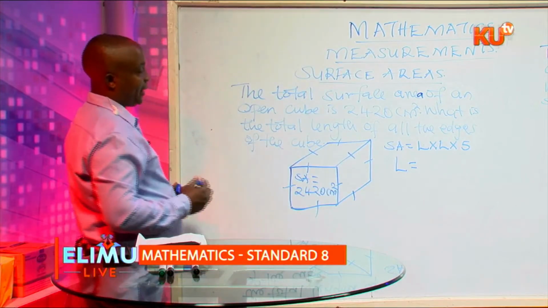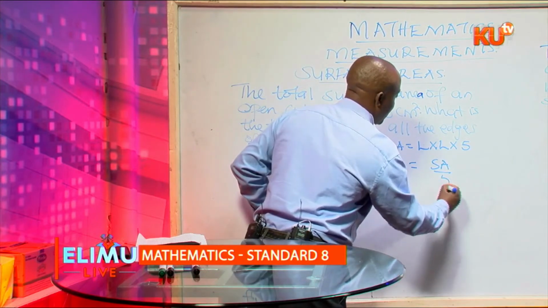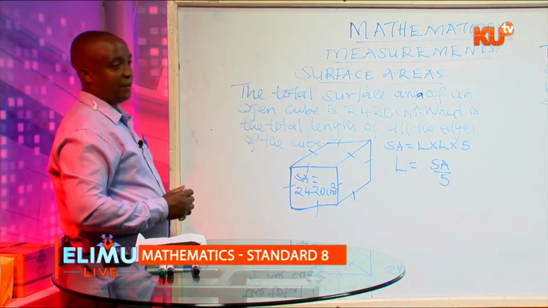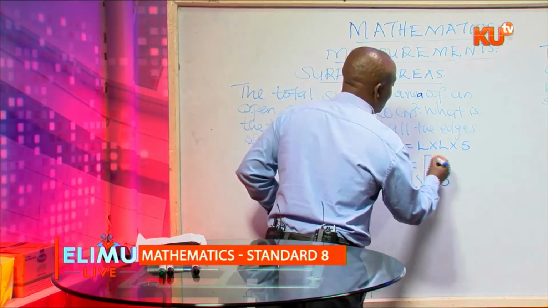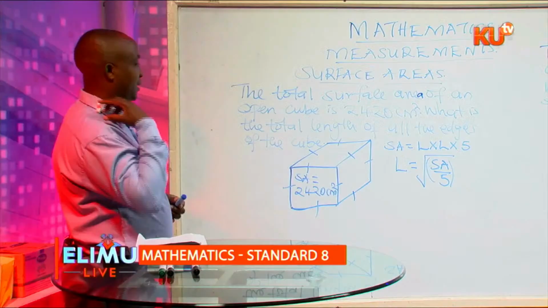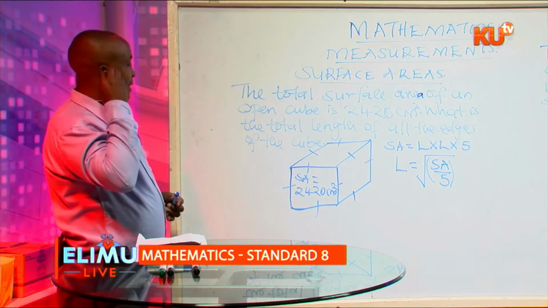You find the area of one face, that is, you take the total surface area and divide by 5. Then you find the square root to get the length of one of the edges of a cube.